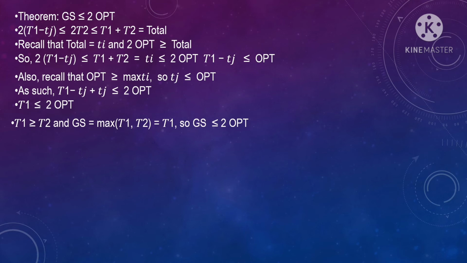Also recall OPT is greater than or equal to max T. So Tj is less than or equal to OPT, such that T1 minus Tj plus Tj is less than or equal to 2 OPT. T1 is less than or equal to 2 OPT. GS is equal to max of T1, T2, which is T1, so GS is less than or equal to 2 OPT.